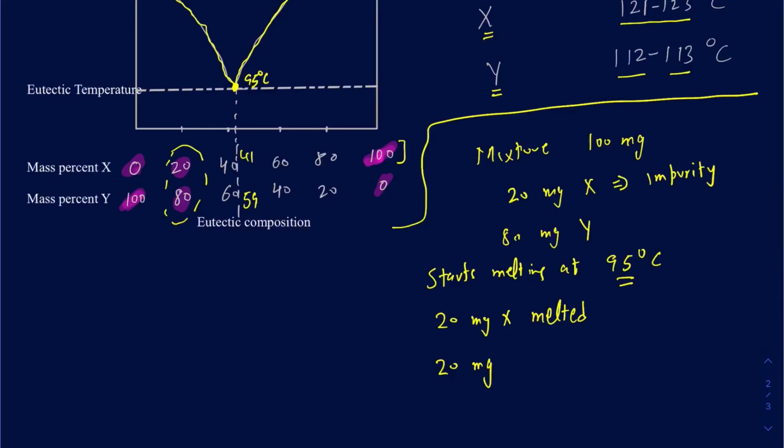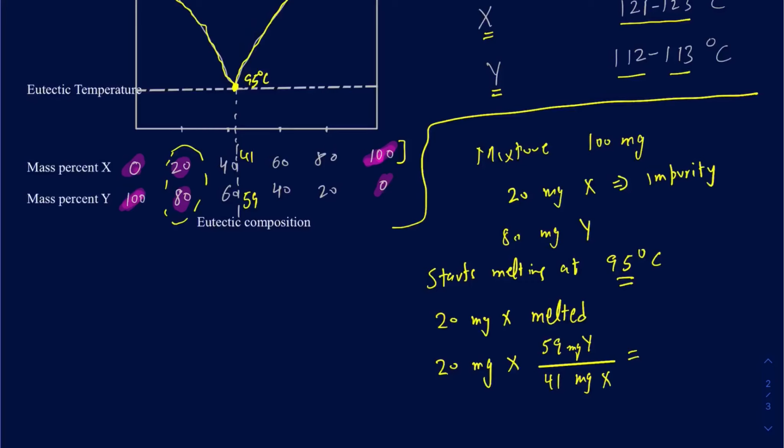To figure out how much Y you're going to have left over, I can multiply with 59 of Y, or you can say 59 milligrams of Y, divided by 41 milligrams of X. That's how you're always going to find what's going to be left behind at the eutectic composition, or at the eutectic temperature, when you are doing the mixture.